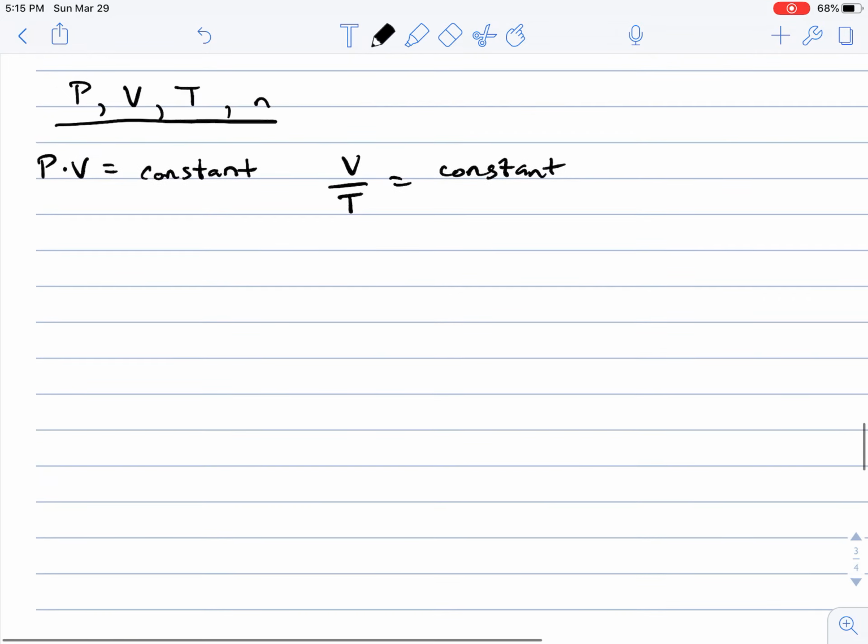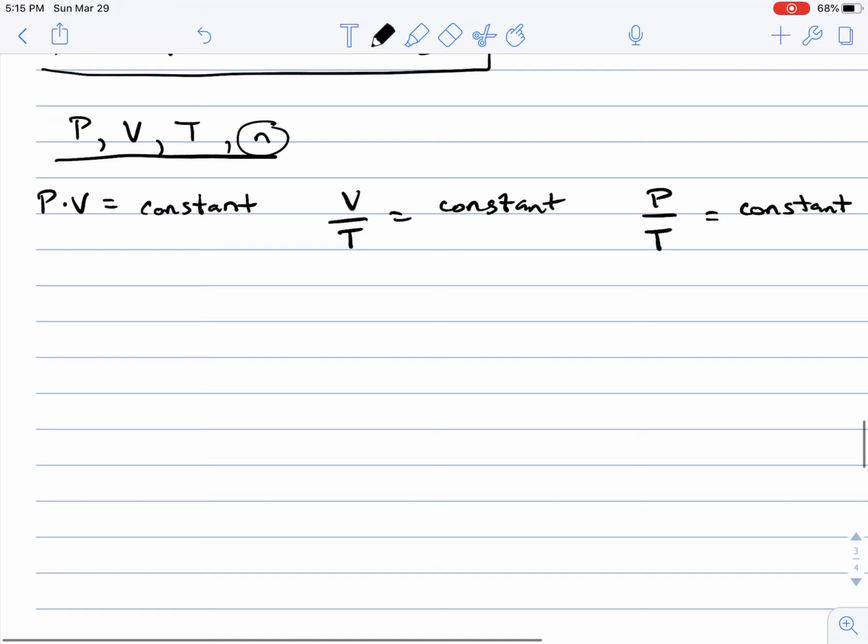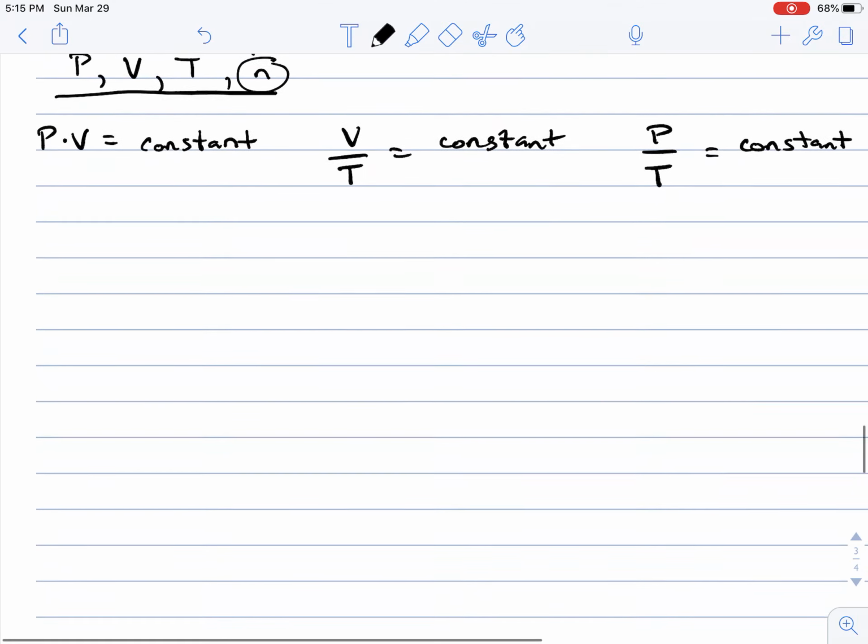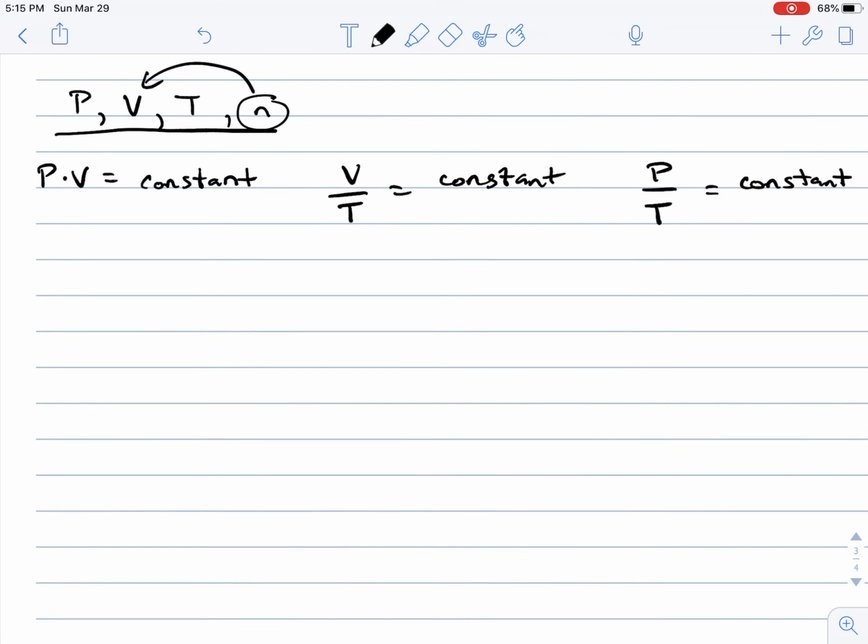Oh, P over T is equal to some constant. Now, if we take into consideration the relationship between, for instance, n and V, this is Avogadro's law. Volume is proportional to the number of moles of gases times some constant.